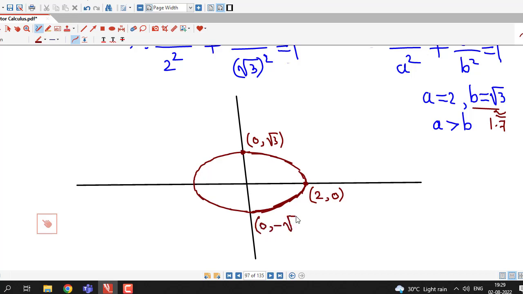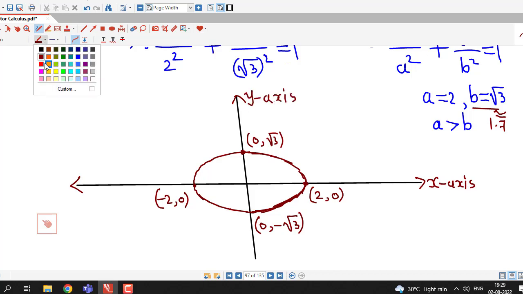This will be (0, negative root 3), and on the negative x-axis we have minus 2, 0. This is the x-axis, here we have the y-axis, and the region of integration R is the region bounded by the ellipse.